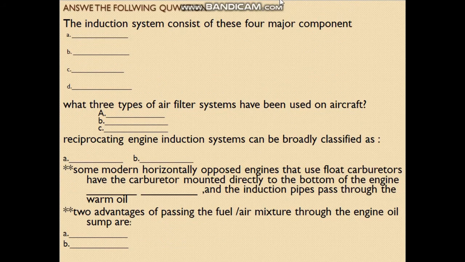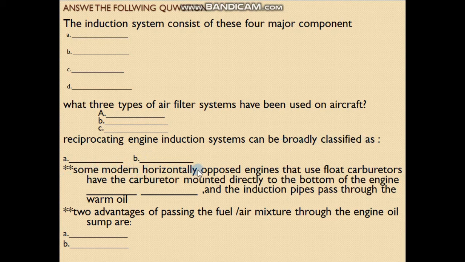By the end of this video, I hope you can answer the following questions. The first question: the induction system consists of these four major components. What are they? The second question: what three types of air filter systems have been used on aircraft? The third question: reciprocating engine induction systems can be broadly classified as what?